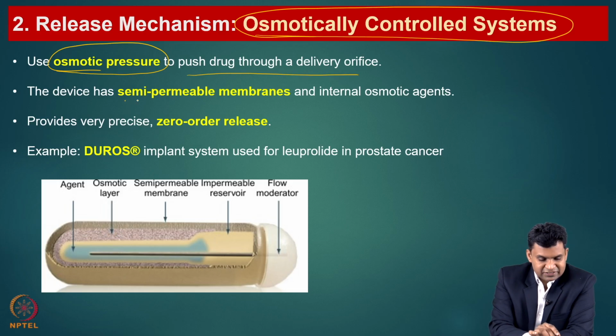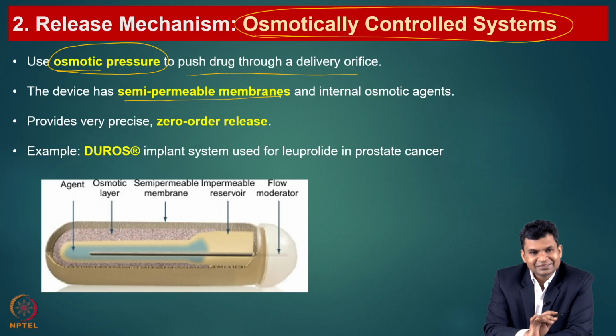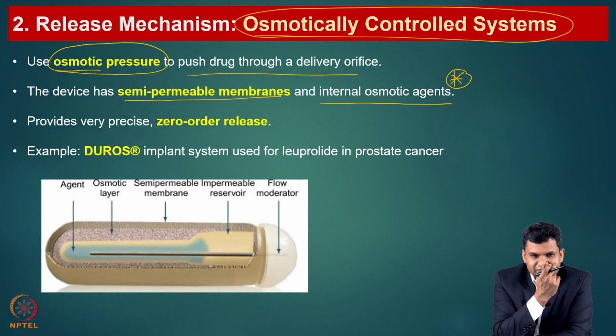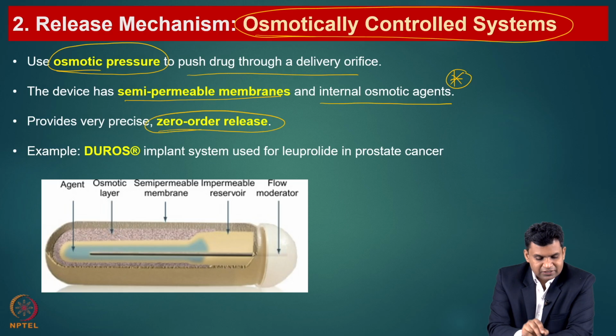So, this device contains a semi-permeable membrane that will help for the transfer of the water from the outside to inside, and also we use some osmotic agents. Preferably mannitol and other types of ingredients we use as osmotic agents will help for the osmosis, and yes, which can provide the zero order release for the osmotic drug delivery systems.